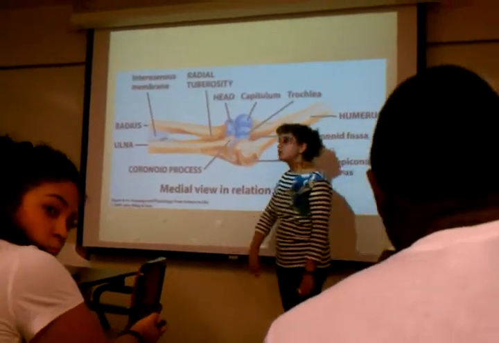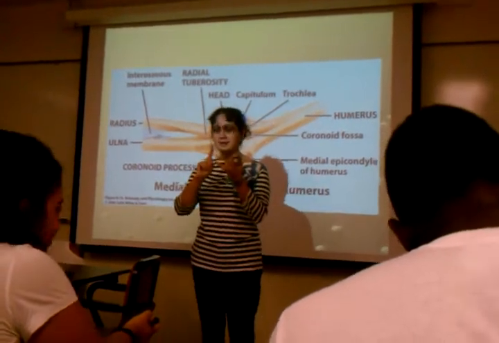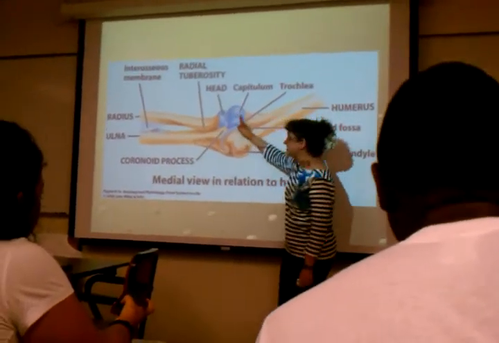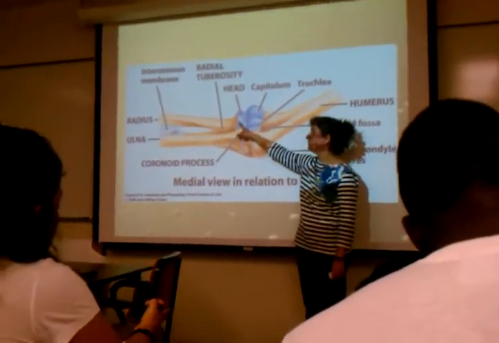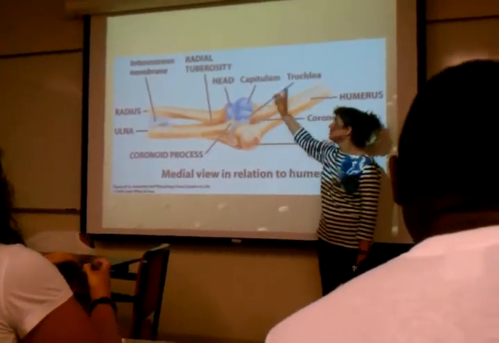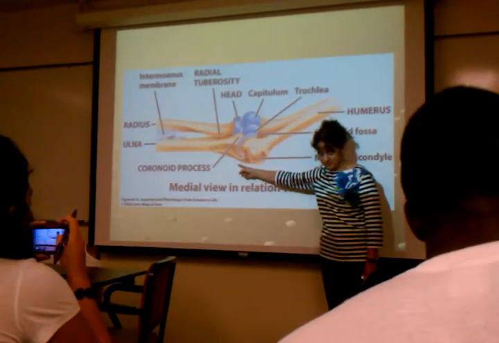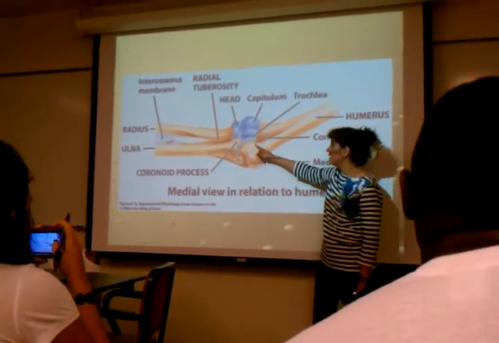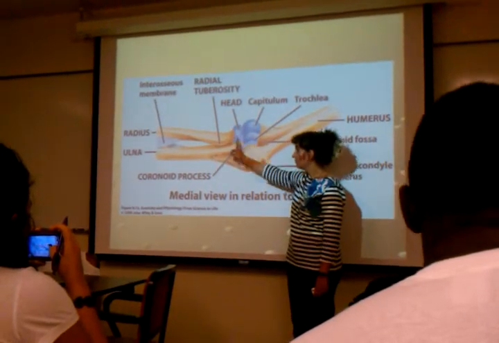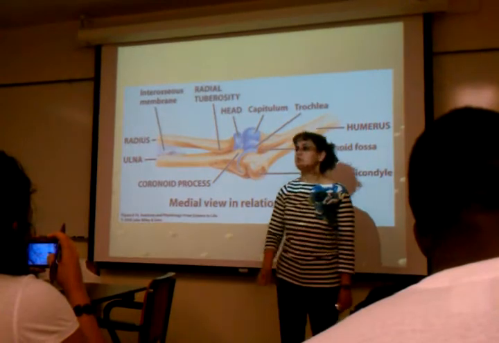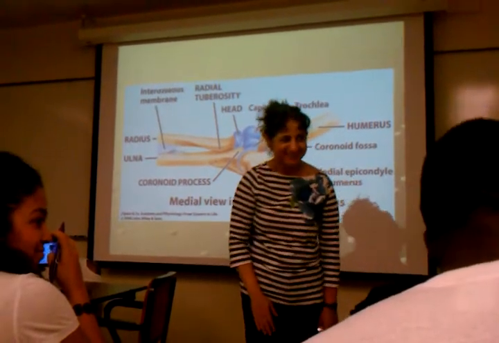What are the three connections you have here? Let's start with the capitulum. Capitulum with what? Trochlea with what? Ulna, and finally? Very good. The three connections at the elbow.